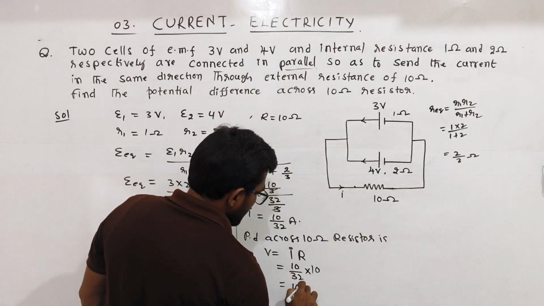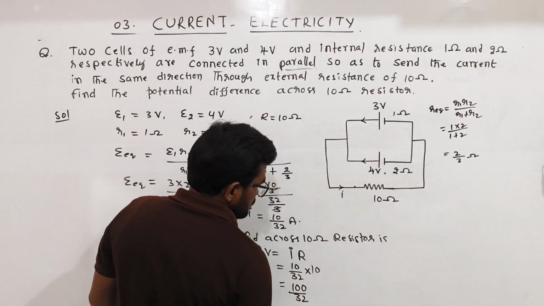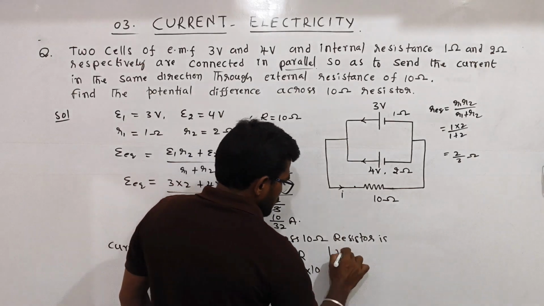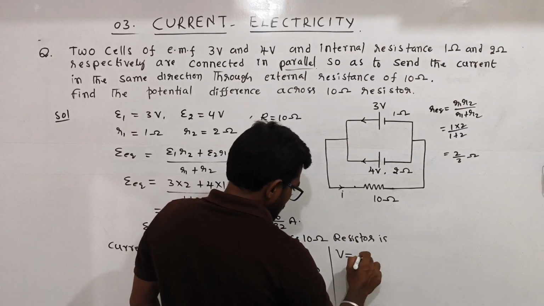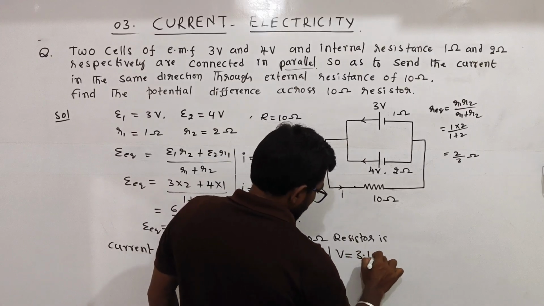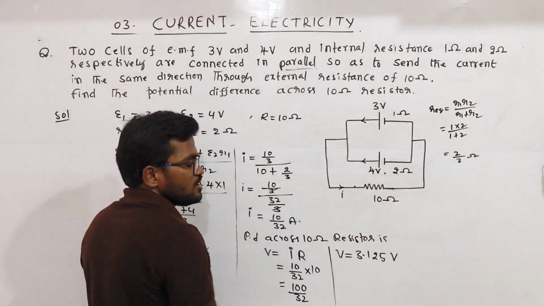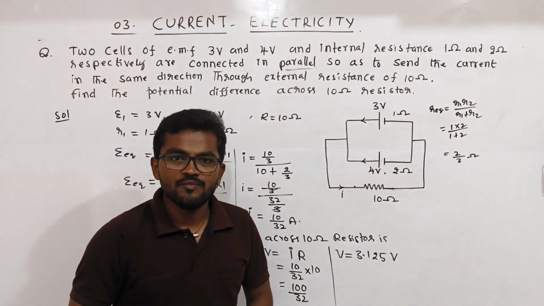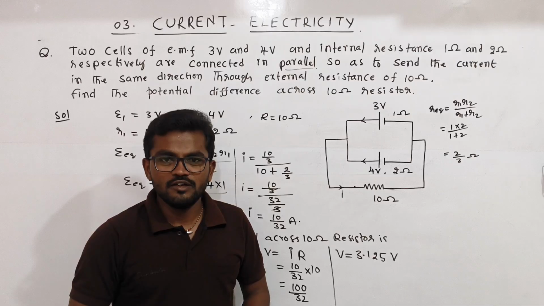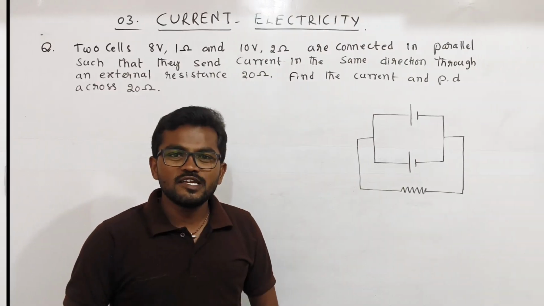This will be equal to 100 divided by 32. Okay, if you calculate this value, you will get V is equal to 3.125 volt. Potential difference across 10 ohm resistor is 3.125 volt. This model is also very important. Let us see the next question, it is a very similar question.